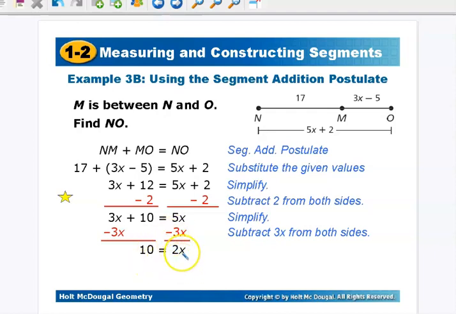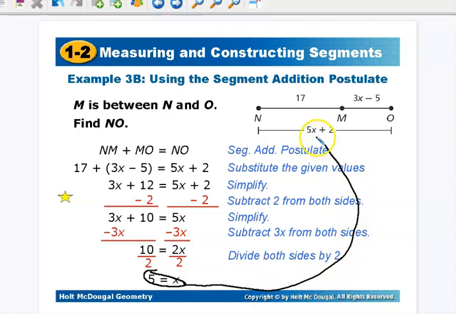When I divide both sides by 2, we find out that x is 5 units. Okay? Now, if it was asking us for the lengths of all these, and I find out what the variable is equal to, I have to remember to go back and plug that variable into those two expressions to find their lengths.